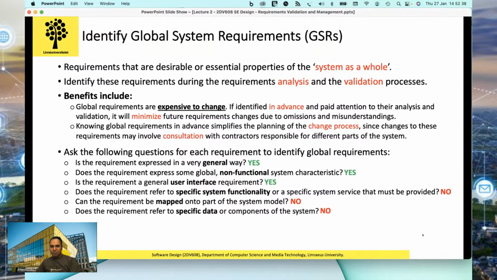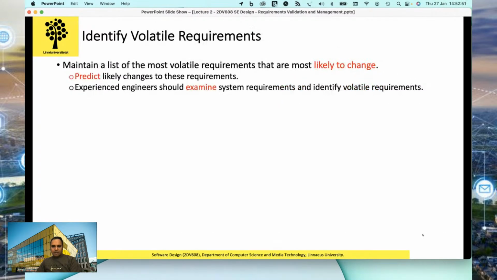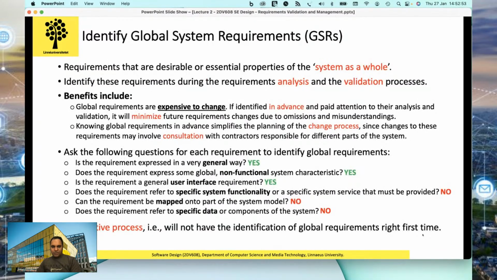Most of the time, those global requirements are non-functional requirements that are applicable to the whole system rather than to a single component. It's also an iterative process, so you might not come up with all your global requirements in the first place, but you should do it several times.